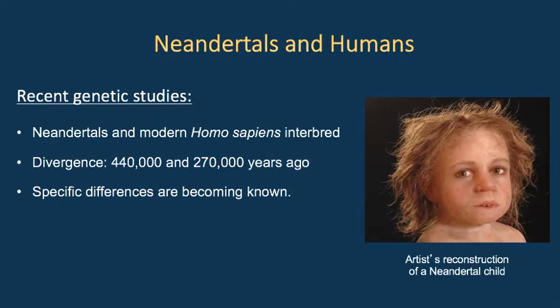As far as Neanderthals and modern humans go, there have been a lot of genetic studies over the last 10 or 12 years. Scientists were able to find and sequence DNA in Neanderthal fossils, so we actually know a lot about Neanderthal genetics at this point. And we know that Neanderthals and modern humans interbred with each other. We know that their divergence occurred somewhere between 270 and 440,000 years ago, and they went along their own trajectory from that point.